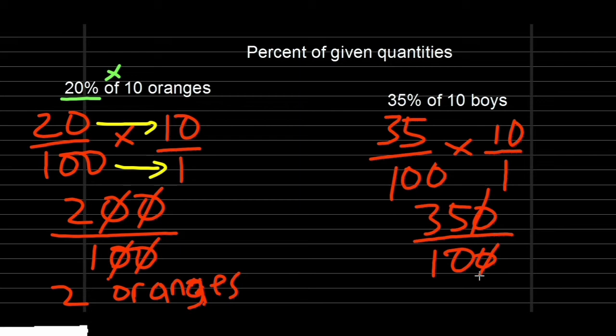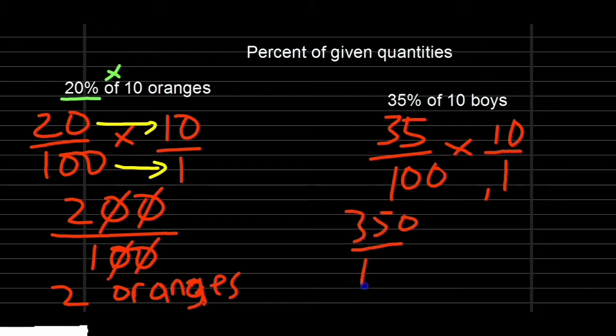35 over 10. So 10 people sharing 35 oranges, each of them will get 3, and there will be a remainder of 5. If you don't want to use this kind of method, you can change it. So 350 over 100, we cancel our zeros.